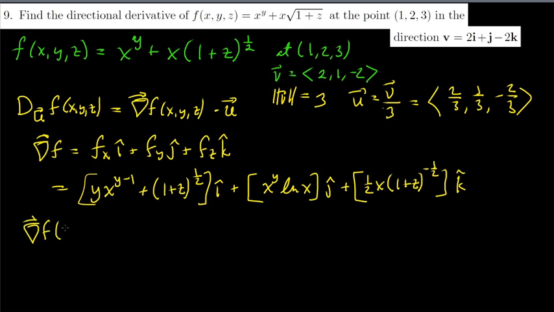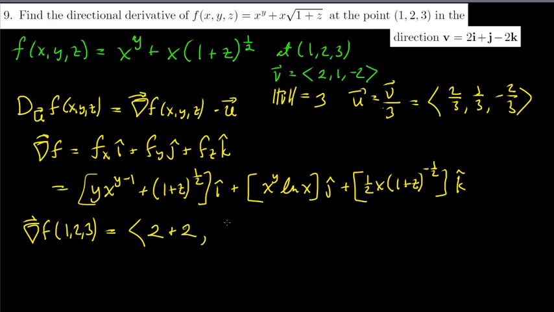So now we can just plug in the point (1, 2, 3). The i component: 2 times 1 to the 2 minus 1, so 2 times 1 is 2, plus 1 plus 3 to the 1/2. 1 plus 3 is 4, square root of 4 is 2, so 2 plus 2 is 4.